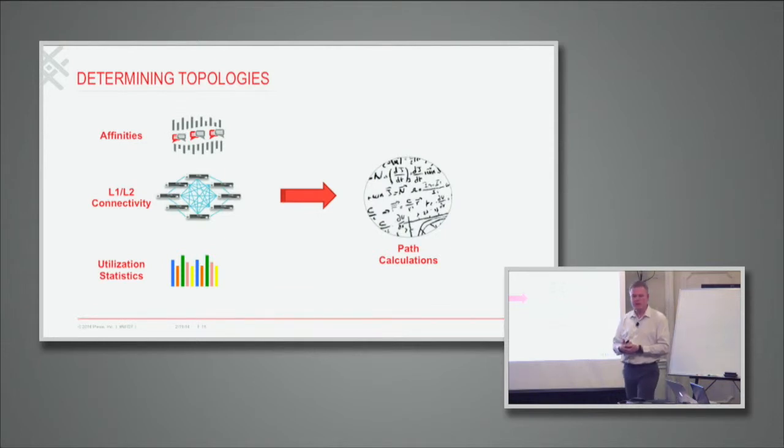We believe applications should articulate what they need, and that articulation of a specific network behavior we call an affinity. An affinity is a relationship between a sender and a receiver, or multiple senders and multiple receivers, that have a specific need. That need may be a lot of bandwidth, that need may be low latency, that need may be separation from all other traffic.